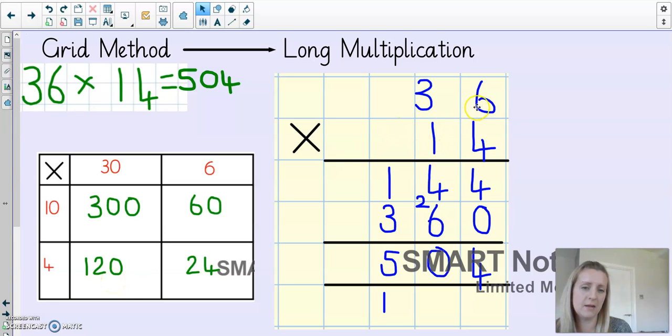Then I did 10 times 6. 10 times 6, there it is. And then lastly, I had this 10 multiplied by the 30, 10 times 30. So you can see how the calculations link together. The long multiplication would be a more efficient method for solving this calculation, but the grid method is still reliable.